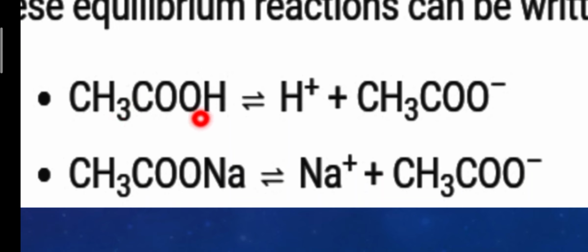Acetic acid is present in undissociated form to a large extent and provides a small number of H positive and acetate ions because it is a weak acid, so it is partly ionized. While the sodium acetate is completely ionized into Na positive and acetate ion.